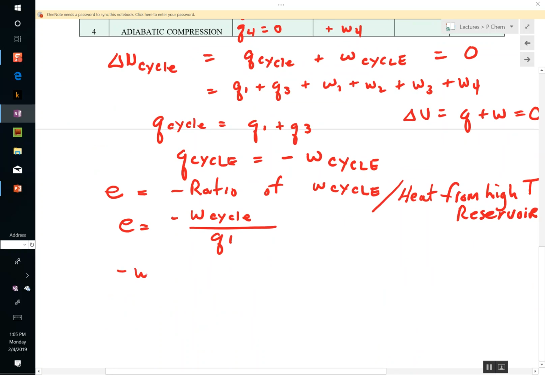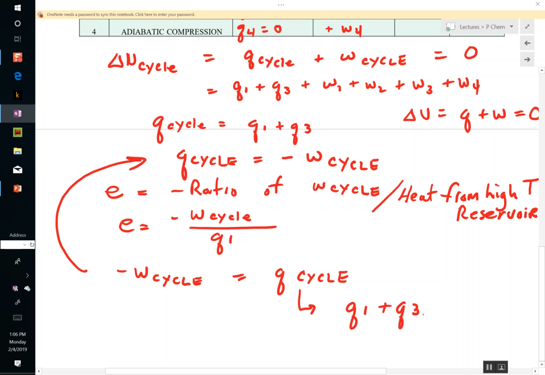Okay, now remember, this equals the Q of the cycle, right? That's what we said up here somewhere. And what is the Q of the cycle? This equals Q1 plus Q3. So that leads us to this expression. The efficiency equals negative Q1 plus Q3.